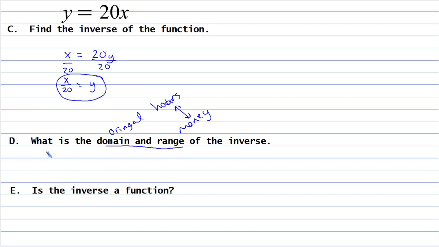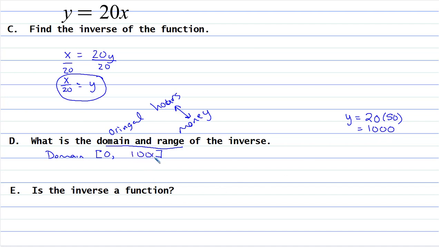So my domain is going to become the money. I know at 0 hours, he would be making $0. But if I had his maximum amount of time, which was 50 hours, he would make $1,000.